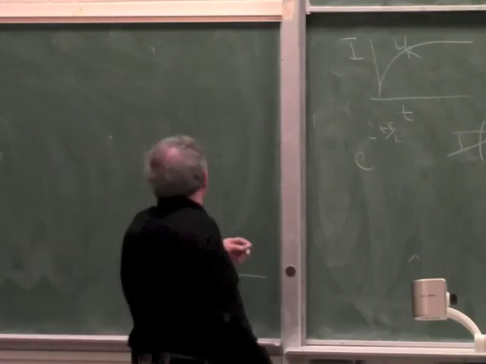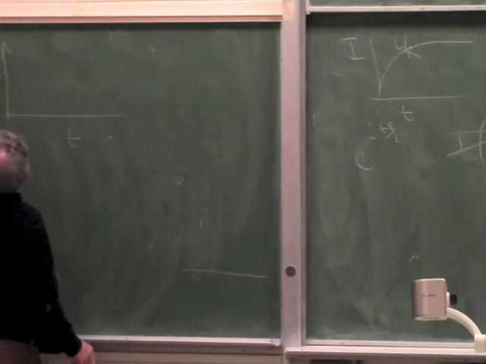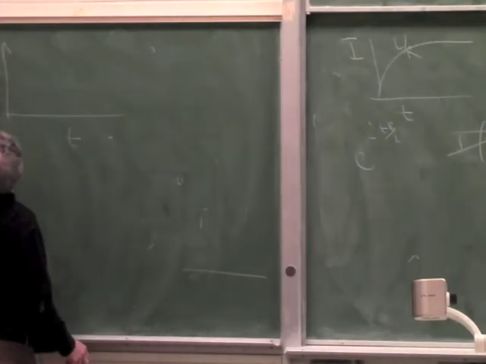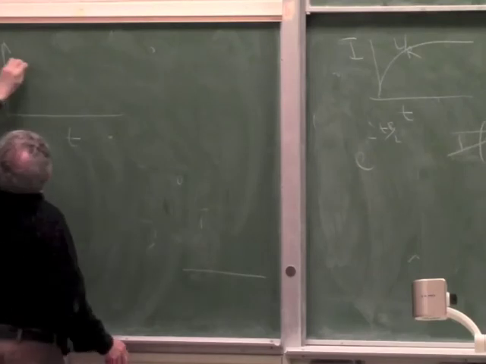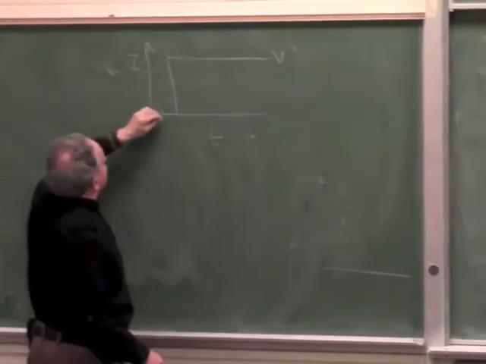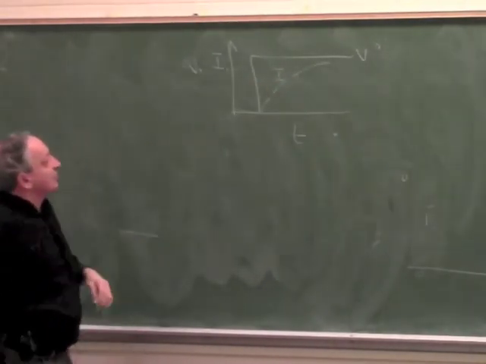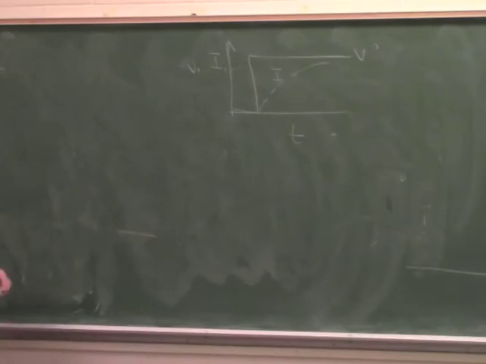So in a normal stepper drive, if this is T, and this is I and V, you step up the voltage, and I looks like this. Okay, I climbs slowly because of the inductance, but you can do something else.